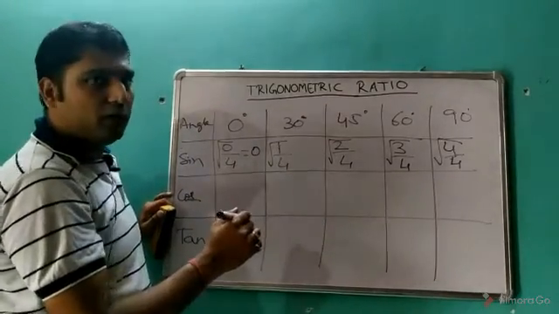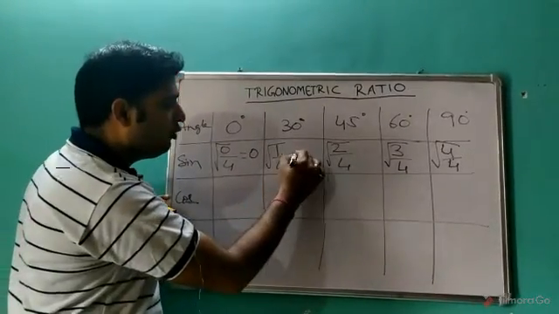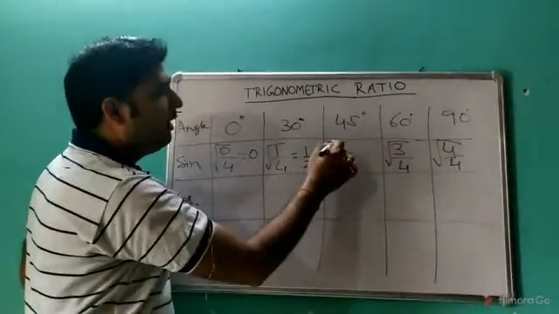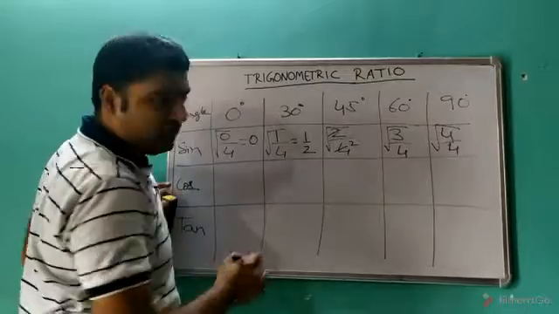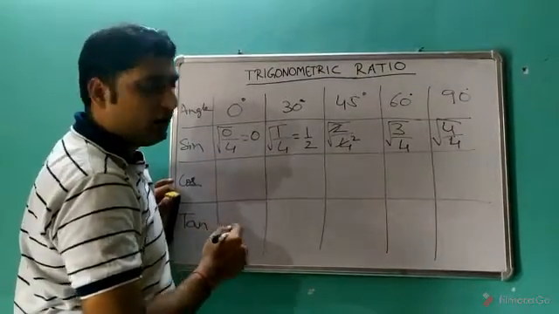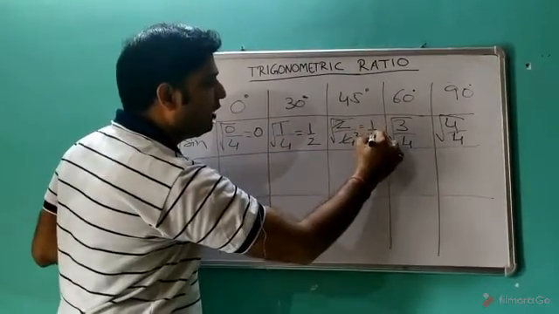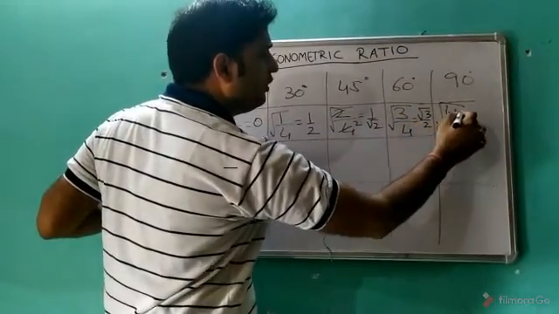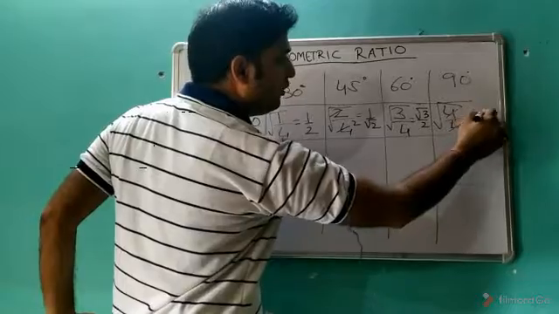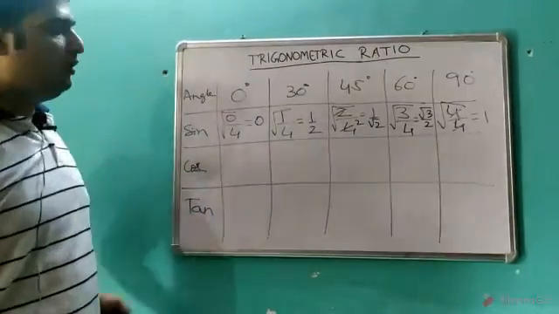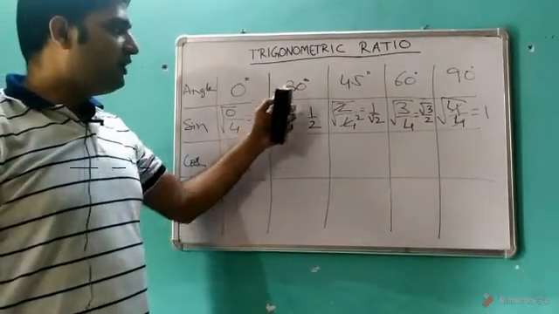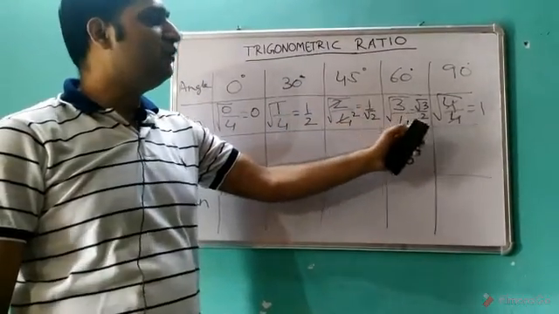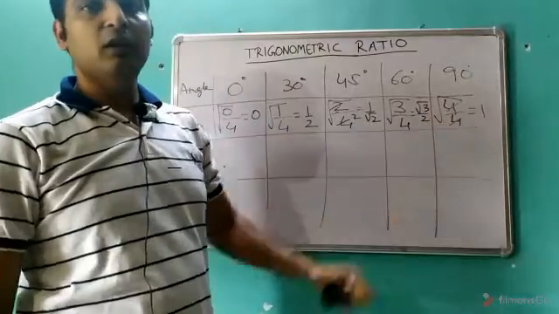Then 1 upon 4: under root of 1 is 1 and under root of 4 is 2, so the value is 1 by 2. Then 2 upon 4 gives 1 upon root 2. Then 3 upon 4 gives root 3 by 2, and 4 upon 4 is 1, and root 1 gives 1. So sin 0 is 0, sin 30 is 1 by 2, sin 45 is 1 by root 2, sin 60 is root 3 by 2, and sin 90 is 1.